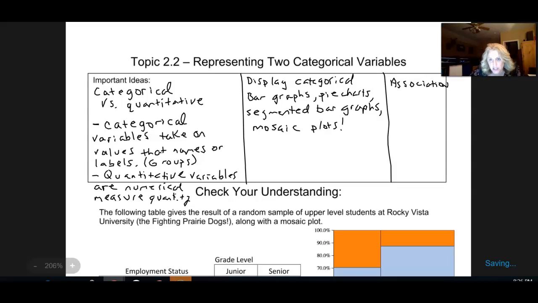An association is basically, we say they're associated if knowing the value of one variable helps predict the value of the other variable.